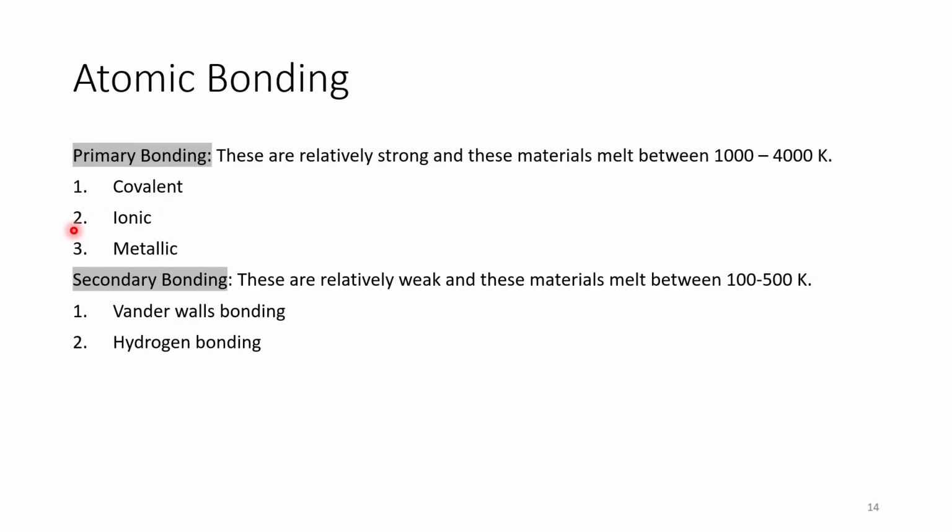Secondary bonds are relatively weak, and these materials melt between 100 to 500 Kelvin. Examples of secondary bonding are van der Waals bonding and hydrogen bonding.